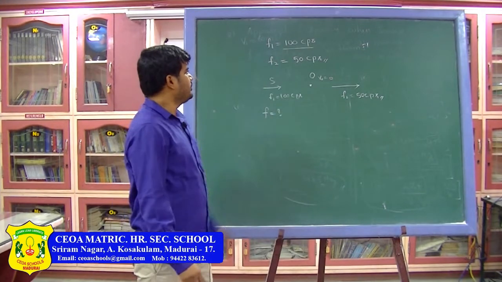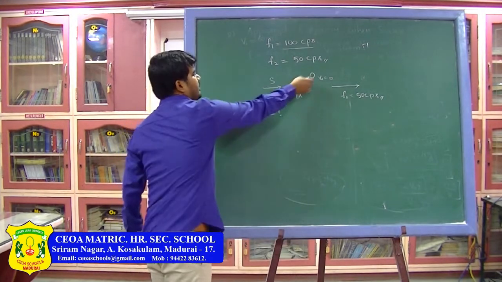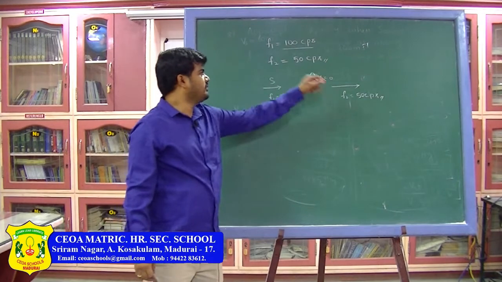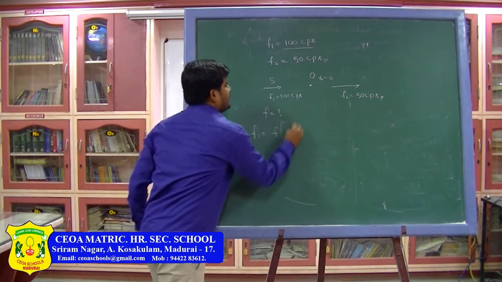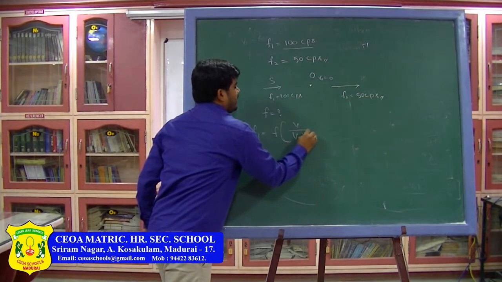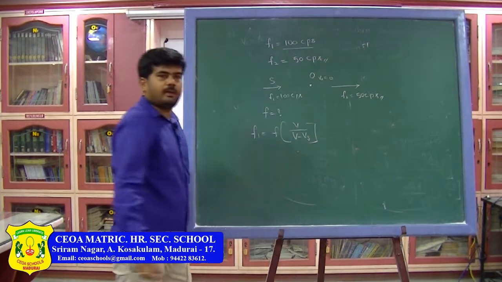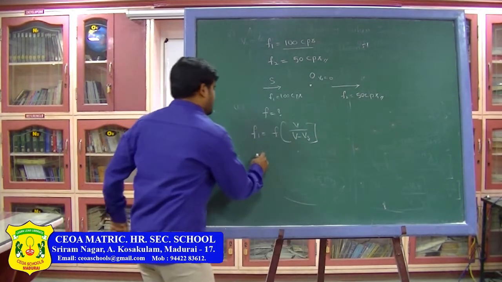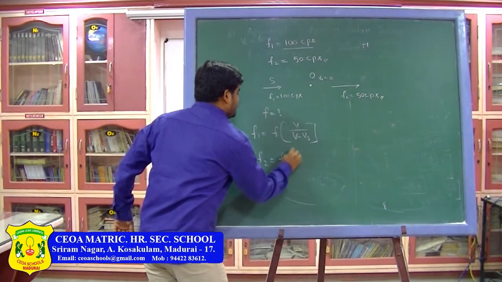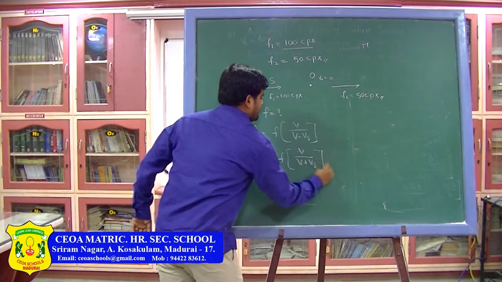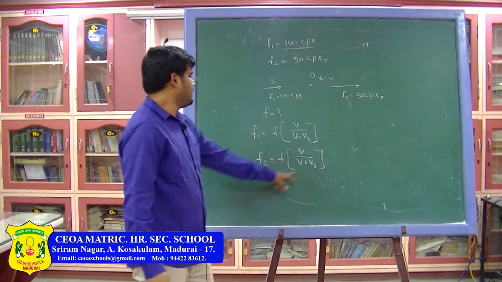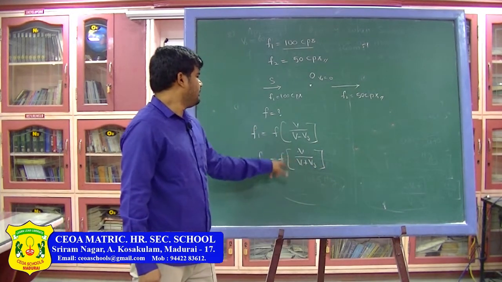Now, let us use the formula for frequency when the source is approaching the stationary observer, F1 is equal to F into V divided by V minus Vs, and then F2 is equal to F into V divided by V plus Vs. So we have to calculate the frequency value F.